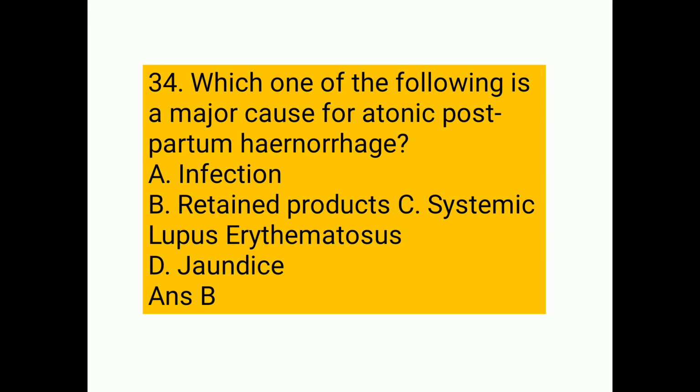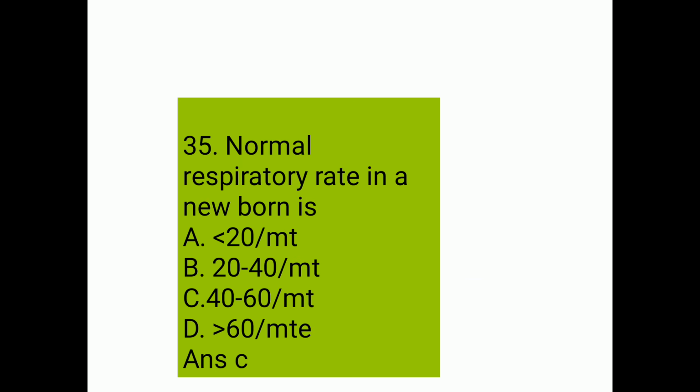Options are: infection, retained products, systemic lupus erythematosus, jaundice. The answer is retained products, option B. Next question. Normal respiratory rate in a newborn is? Options are: less than 20, 20 to 40, 40 to 60, greater than 60. The answer is option C, 40 to 60 breaths per minute.